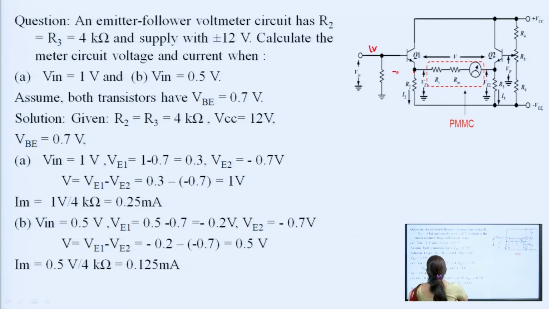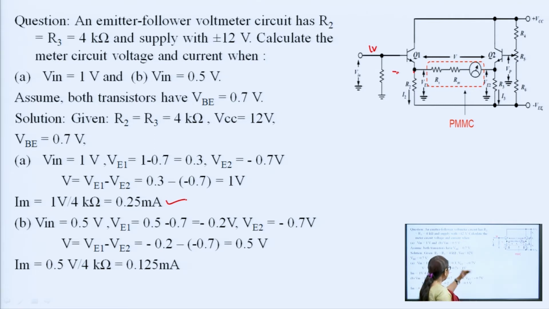So, current at this time is equal to 1 volt by 4 kilo ohm, that is 0.25 milliampere, whereas in the previous lecture we have seen the current is reduced.